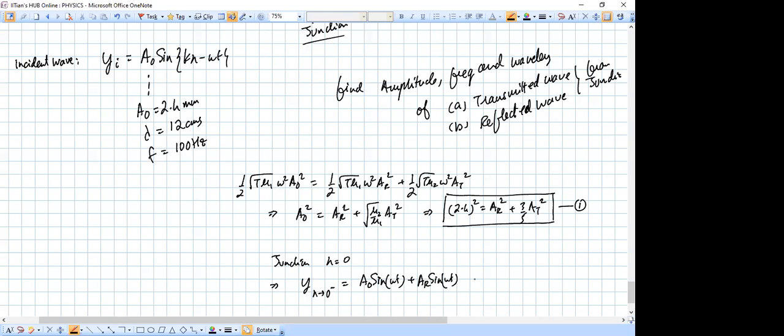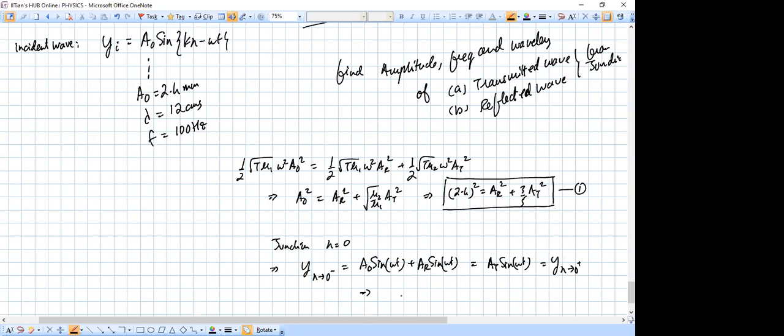They'll add in phase, and that should be equal to A transmitted sine omega t, which is y at x tending to 0 plus. So 2.4 should be equal to A transmitted minus A reflected. So that is your second equation. So solving these two equations, you will get A transmitted and A reflected.